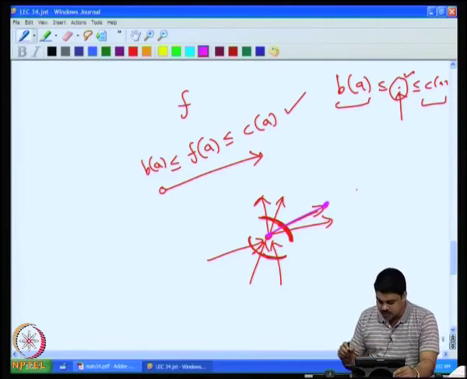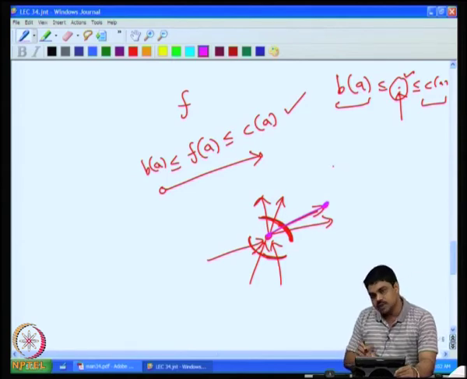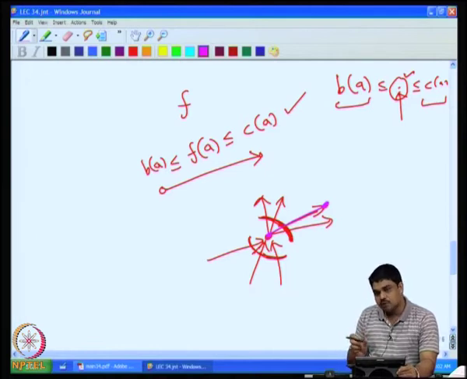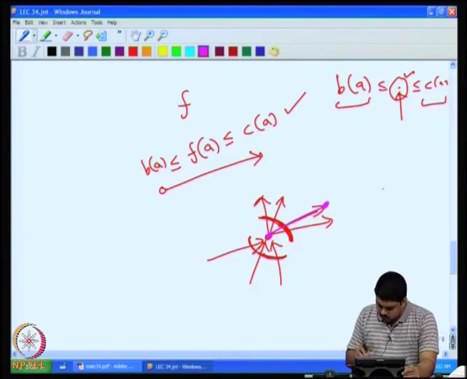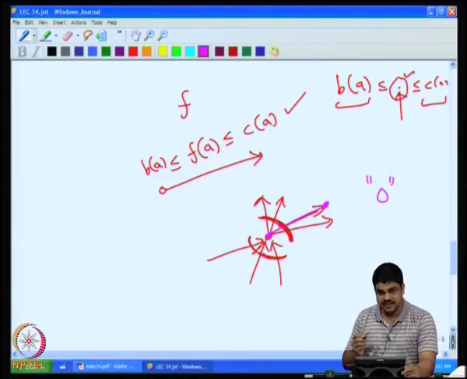When you sum up over all vertices, the flow on the outgoing edges minus the flow on the incoming edges, this total sum has to be 0, because every edge contributes once to a positive term, once to a negative term. So, therefore, it is not possible for some vertices to have only positive excesses and no negative excess.